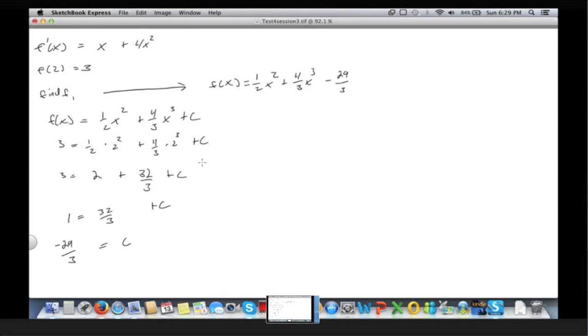Check that. 2, 4, 2 plus 8 times. Yeah. Okay. So does this expression make f of 2 equal to 3?